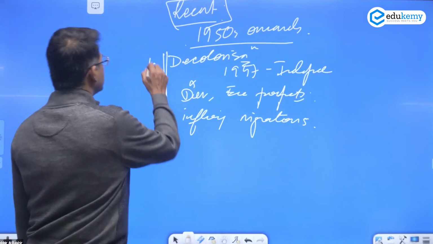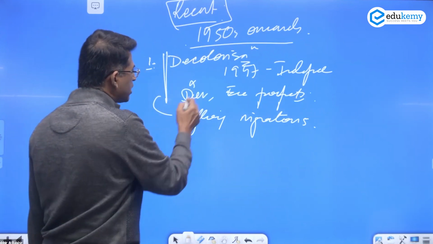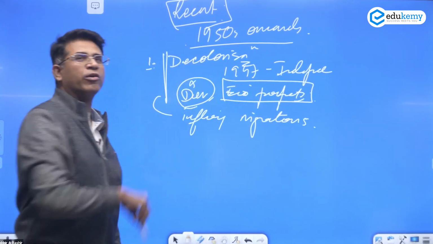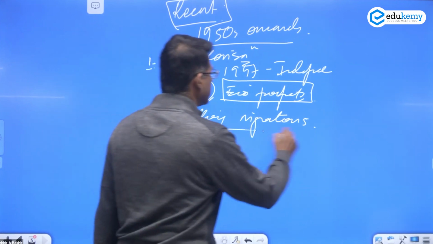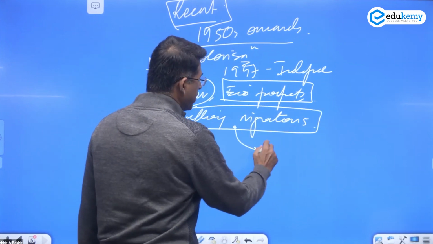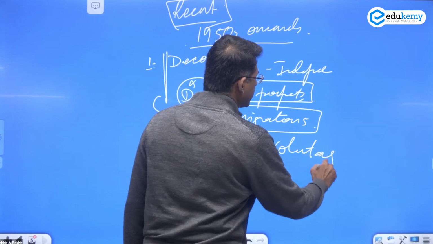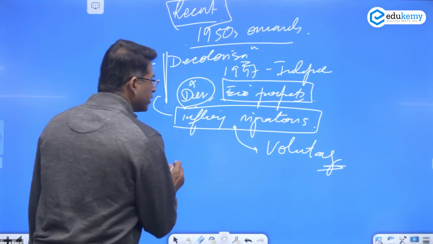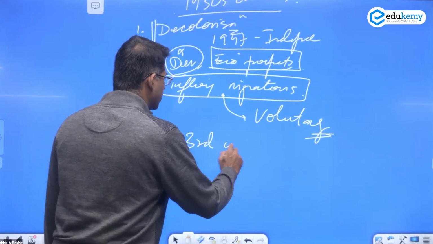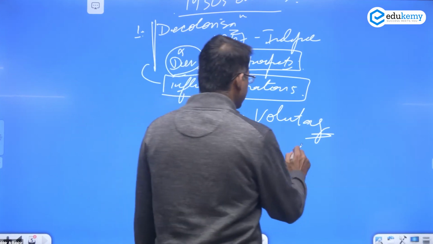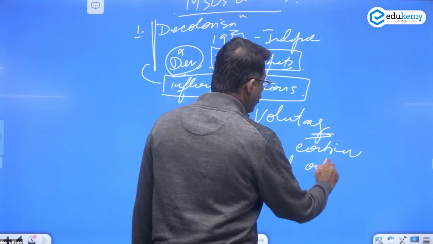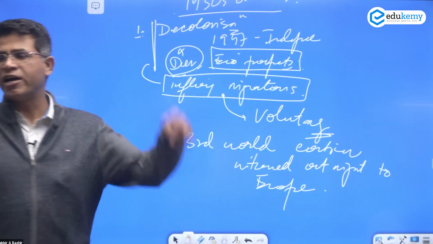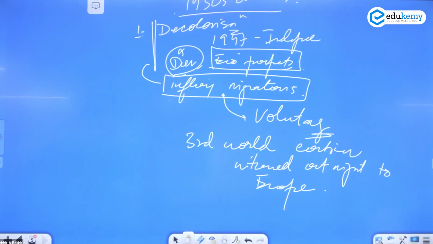So decolonization, there were aspirations for development, there were prospects for economic growth, and this starts influencing migrations, and most migrations here were voluntary migrations, where third world countries witnessed out-migration to Europe. So migrations from Africa into Europe, migrations from Asia into Europe.